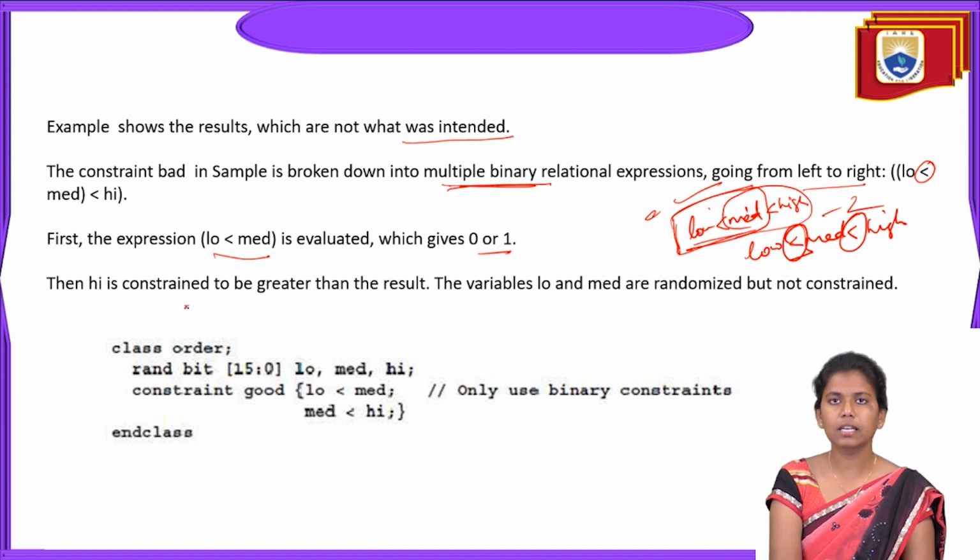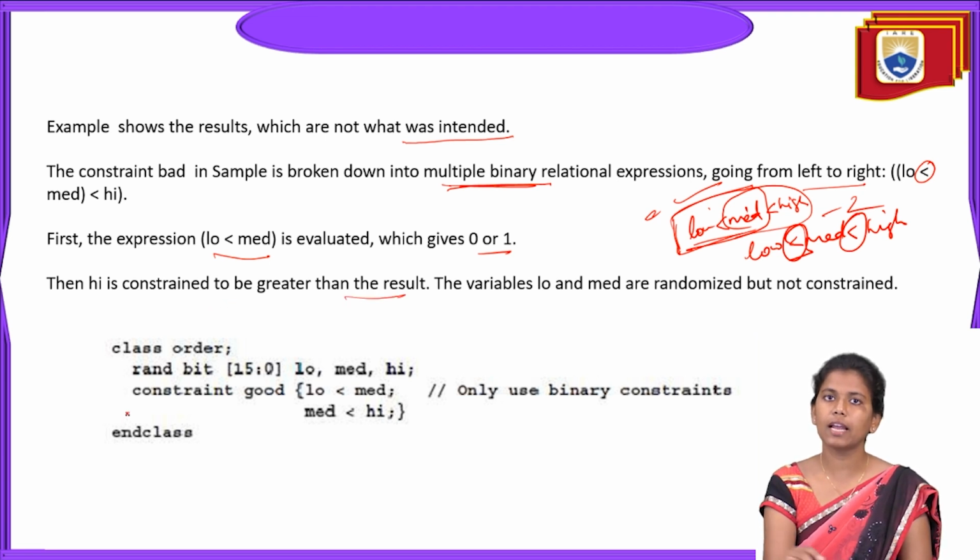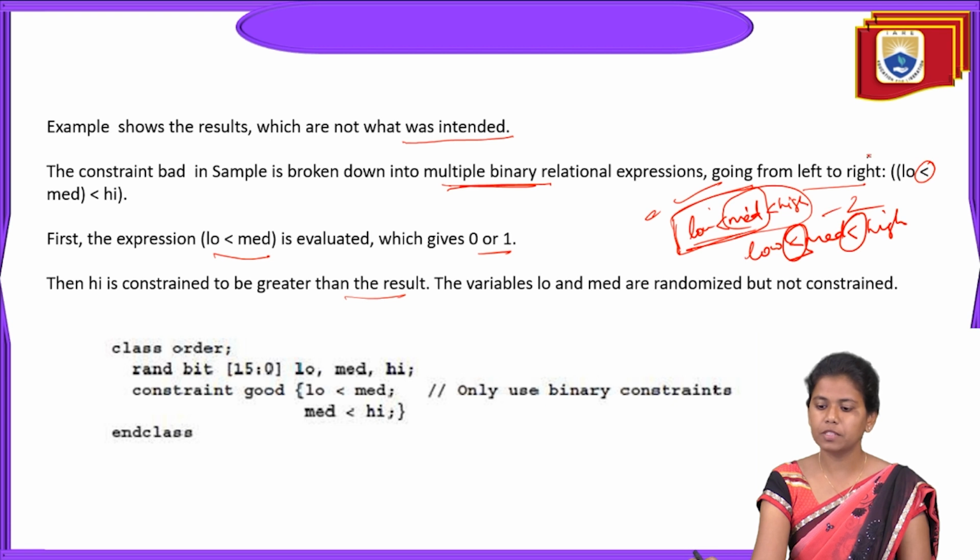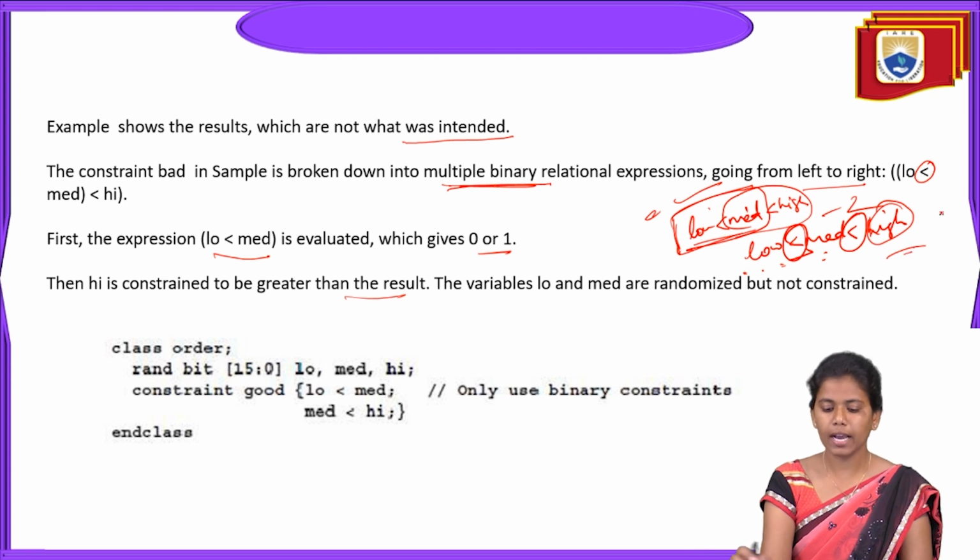Then the result is constrained to be greater than. Obviously here, as per the expression, after comparing low and medium, whatever the result is will again be compared with the high value. So obviously high will be greater than the number obtained from low and medium.